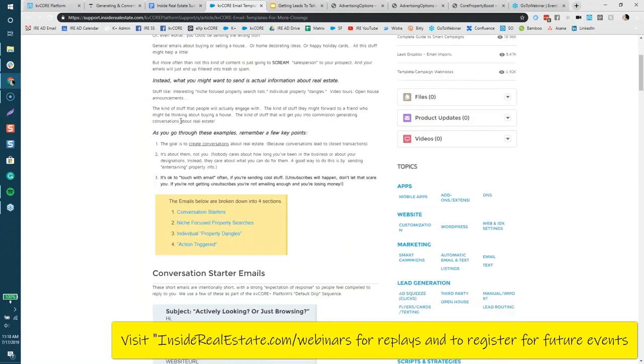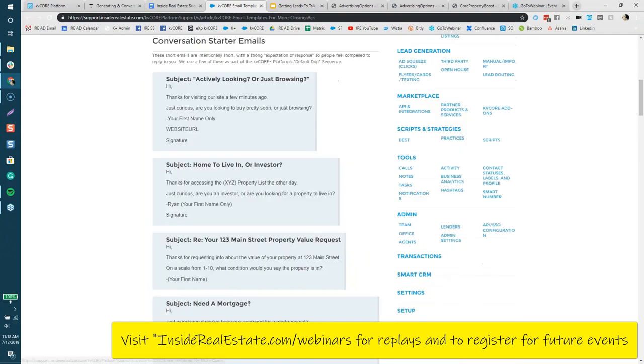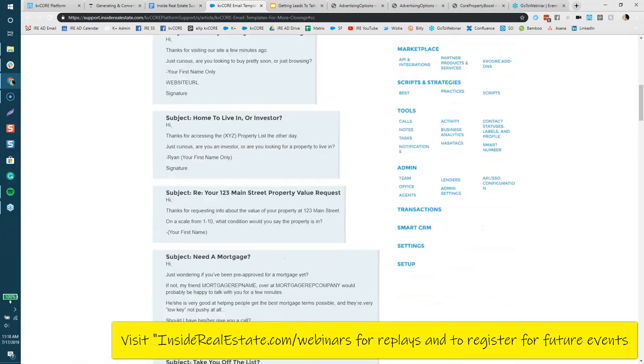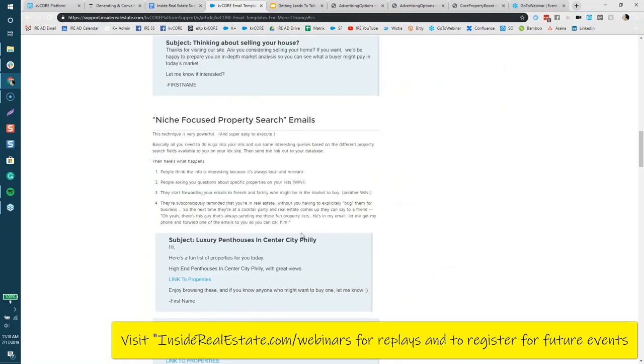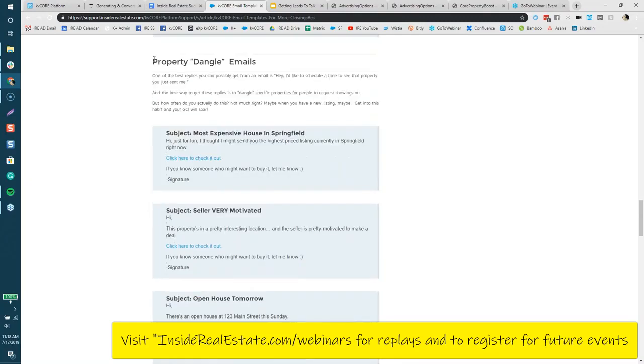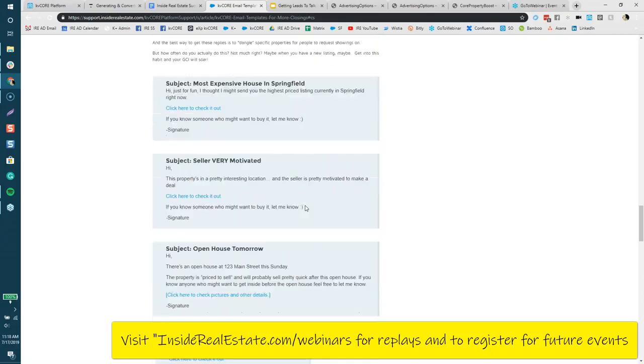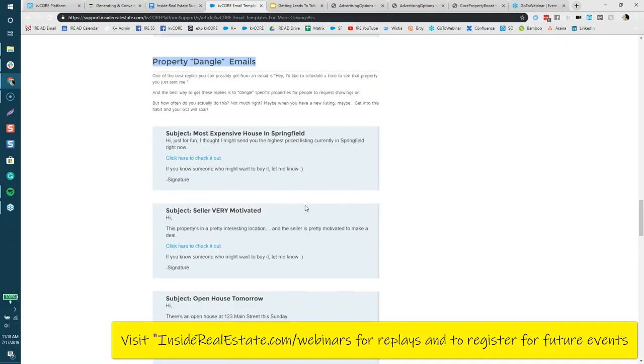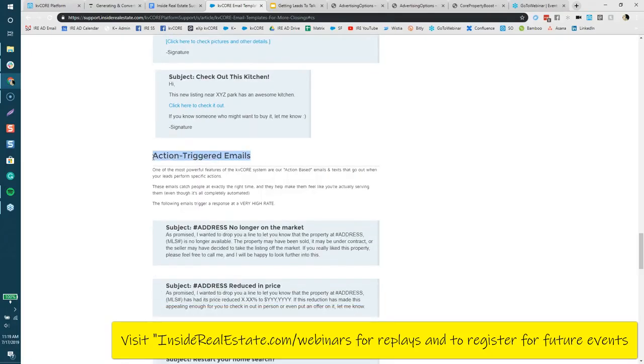Basically these are four different types of emails: conversation starters, niche property searches, single property, and basically dangle emails. Property dangles, right? The most expensive house in Springfield, sellers are very motivated, open house, and so on.